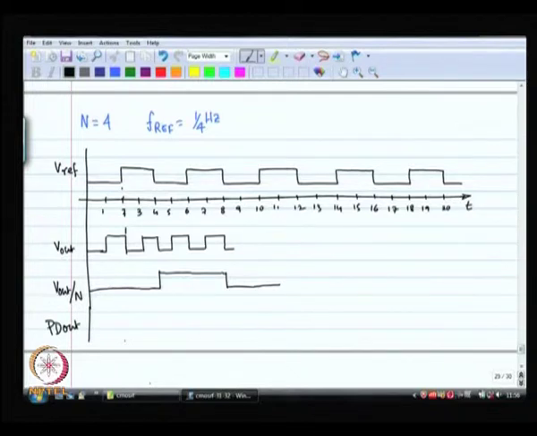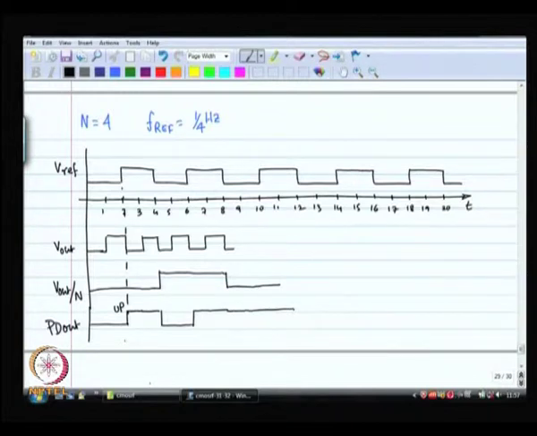All right. So, once again the output of the phase detector goes up at this point of time, and then it comes down, but sure it comes down, and then again it goes up and remains up for a very long time.